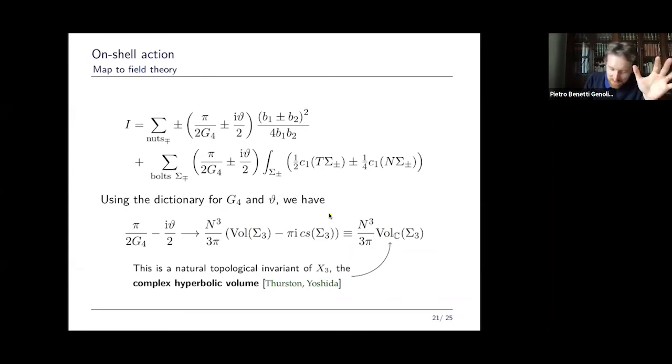And this is consistent because indeed you find something that is a topological invariant. It's weird that it's topological because there is a volume, but there is a theorem that says that the volume is topological for hyperbolic manifolds.